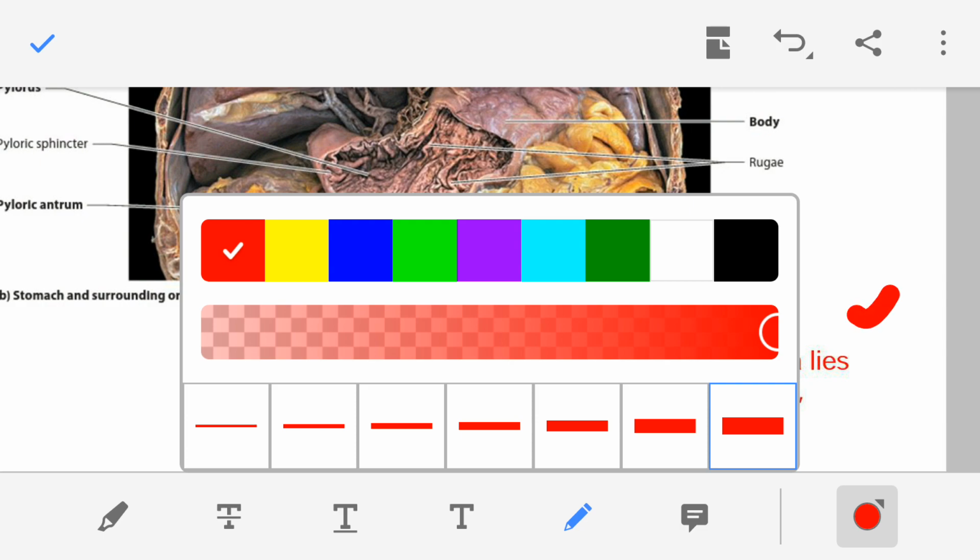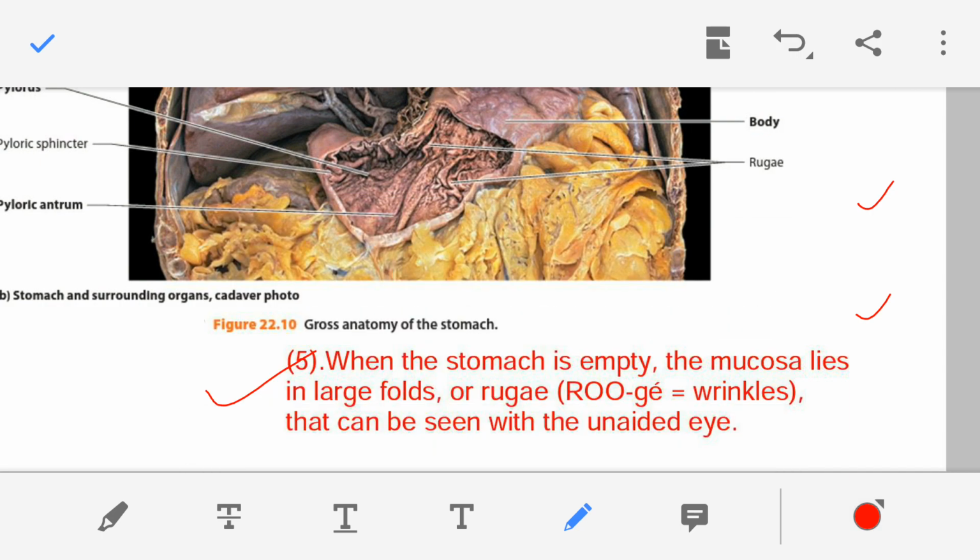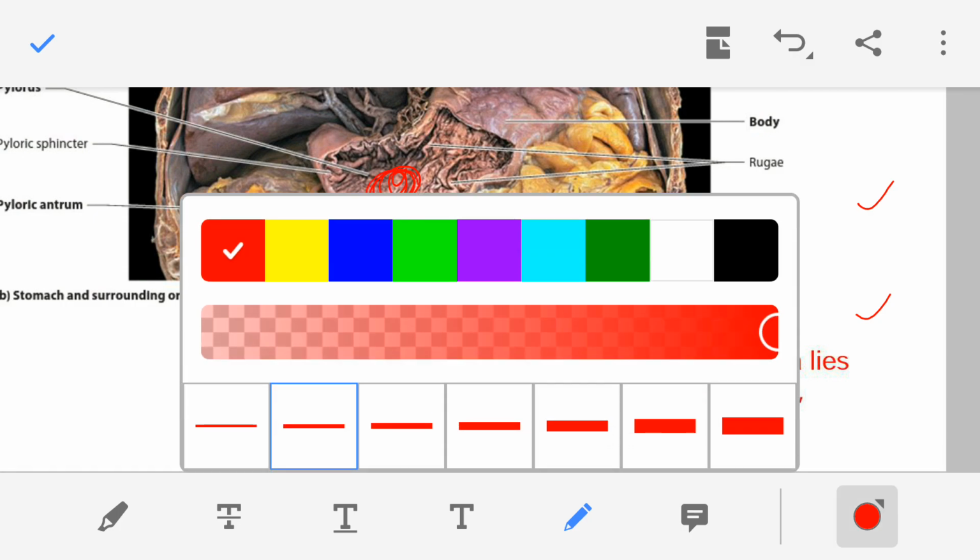In the fifth point, they are discussing that when our stomach is empty, that means no food is there inside our stomach. At that time, this part is the lumen of our stomach.